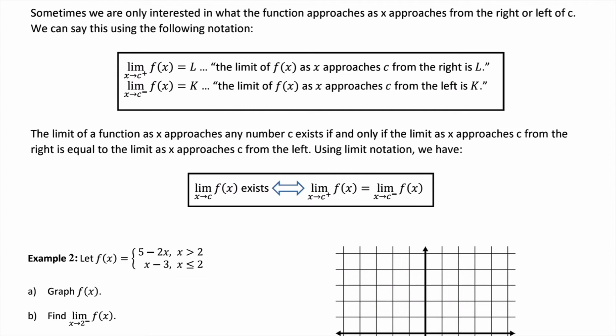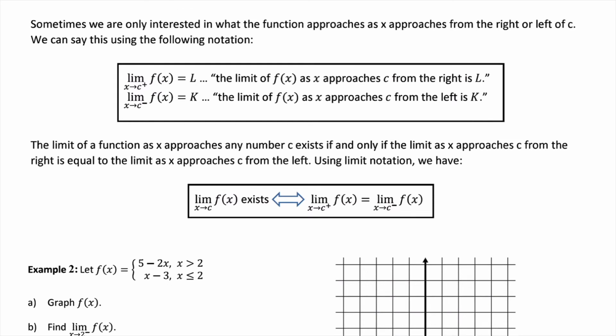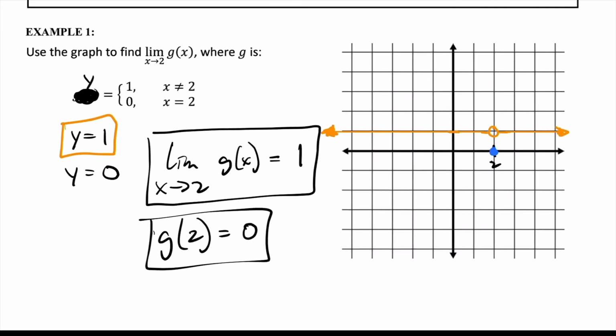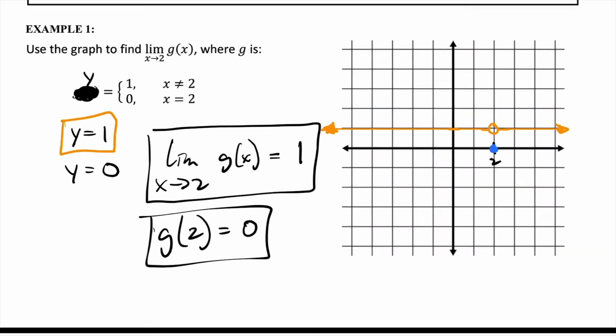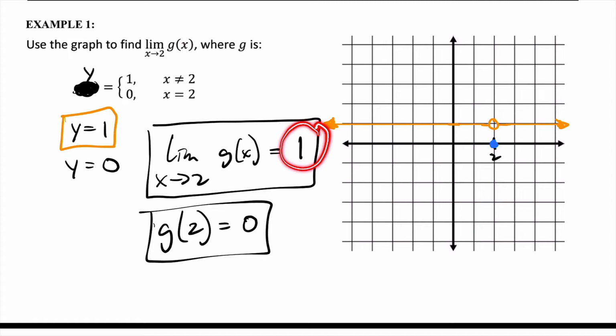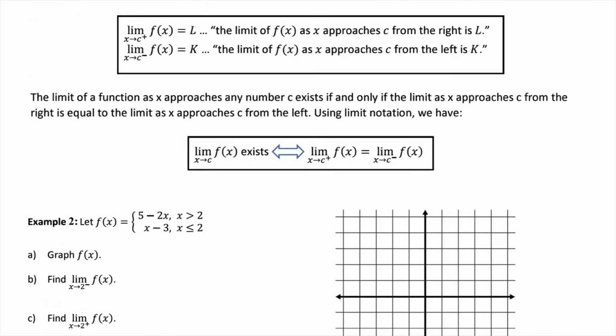The next one is a limit exists. It's possible for a limit to not exist. When does it exist and when does it not exist? Well, example number one, it existed. How do I know it existed? Because I got an answer. If you get an answer, it exists. When does it not exist?